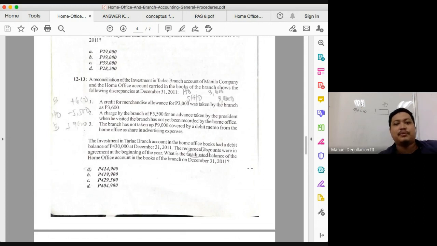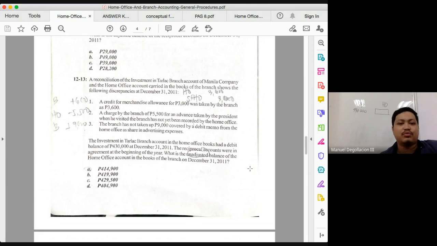So what entry was prepared by the home office here? If you are going to charge this to your shipments from home office, our entry would be debit shipments to branch, and credit investment in branch in the amount of 3,600. That's the entry prepared by the home office.